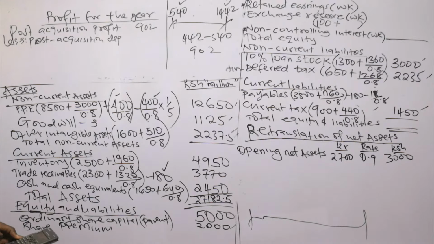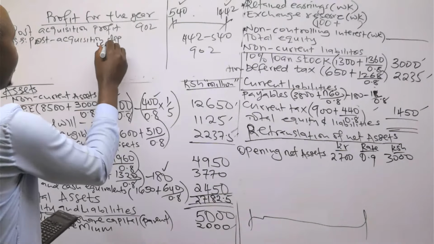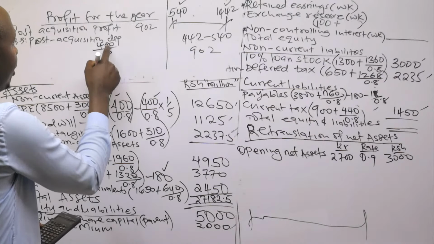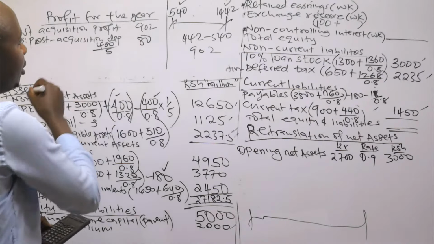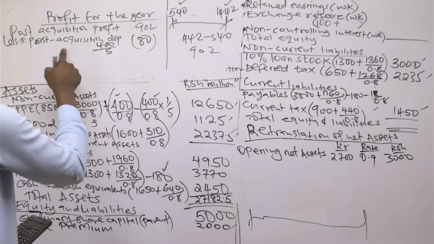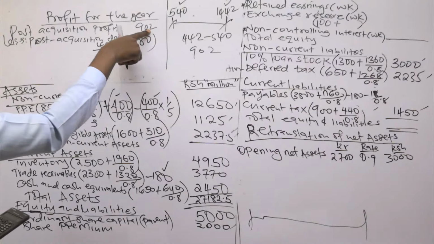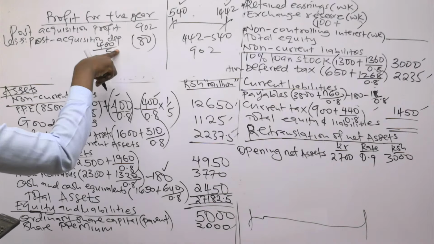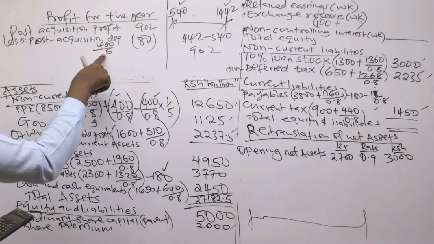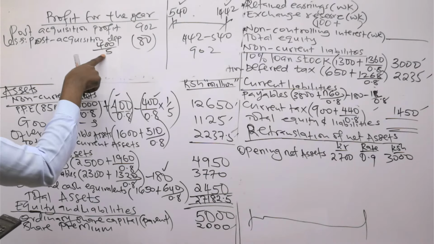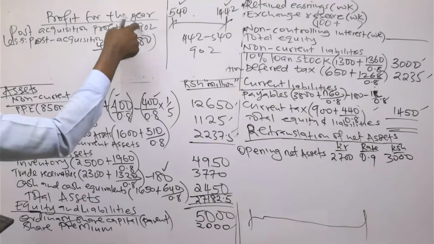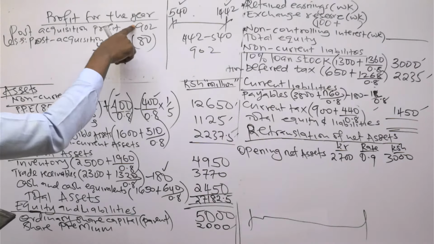So the post-acquisition depreciation is 400, the revaluation gain, divided by 5. So that is the 80. Remember that the depreciation, which is undercharged, will reduce this profit, because the revaluation was 400 over the useful life of 5 years. So it will reduce the post-acquisition profit.